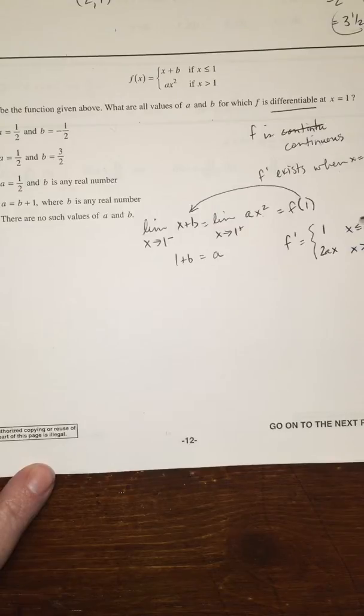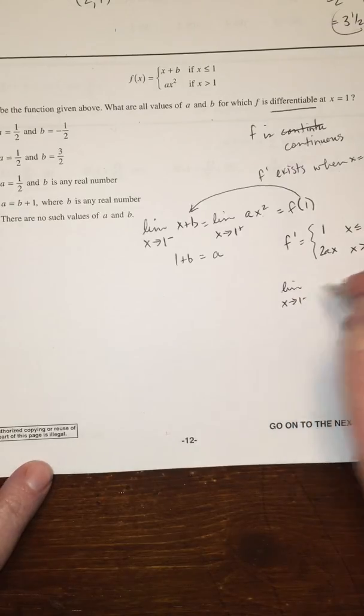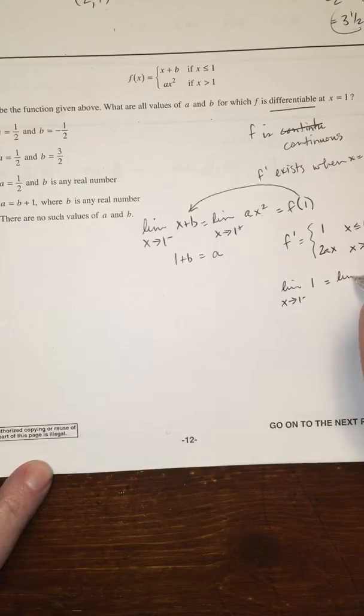The only way that the derivative is defined at x equals 1 is if this piecewise function is continuous. So I'm going to do the same thing on the derivative that I did right there. I'm going to look at the limit as x approaches 1 from the left of the top piece, and I want that to equal the limit as x approaches 1 from the right, which is the bottom piece.